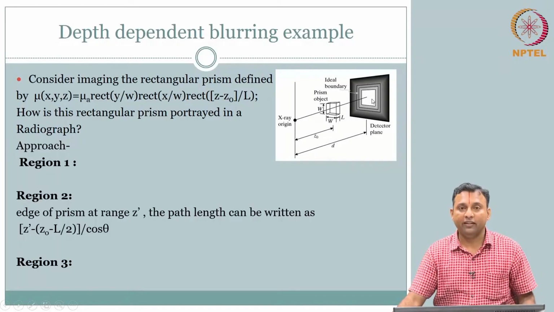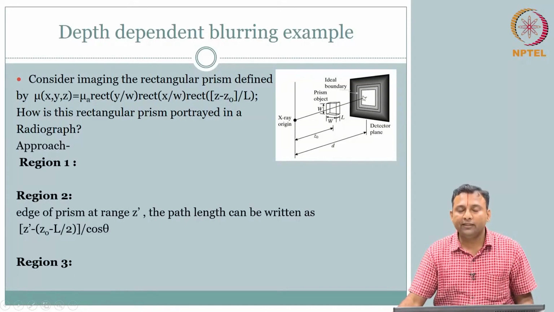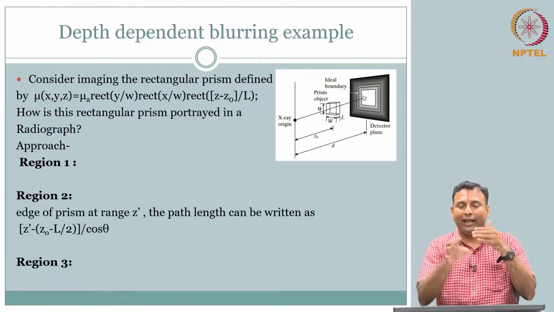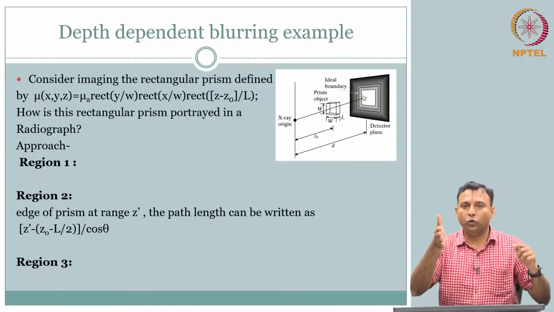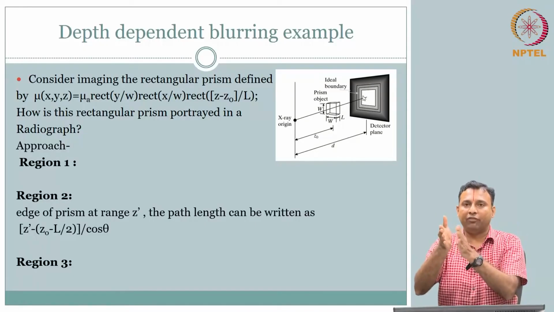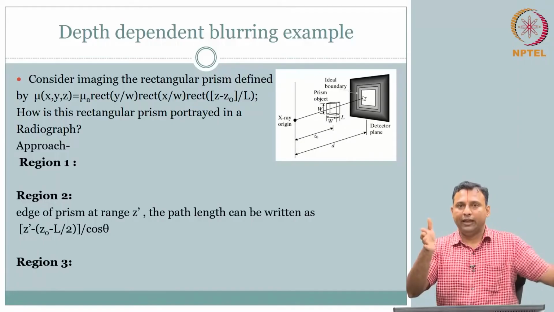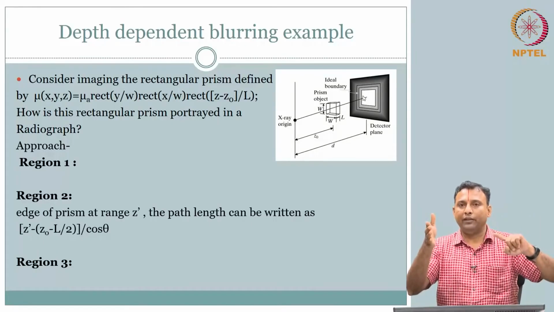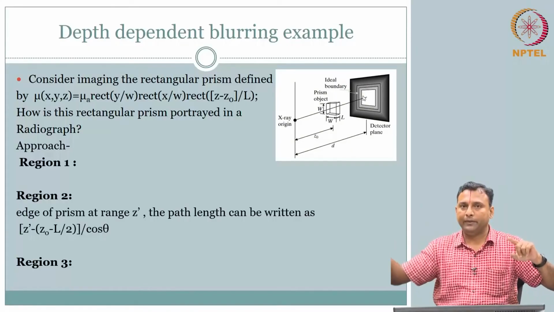What is new here is I have a front face and a back face, and the diverging X-rays are coming. Here is my back face, this is my front face, and here is my detector plane.